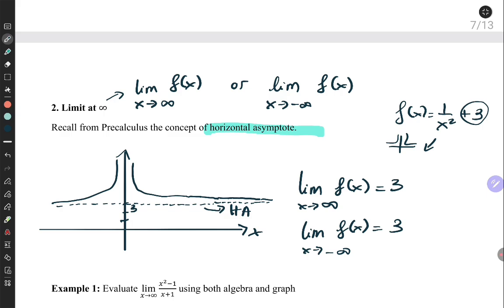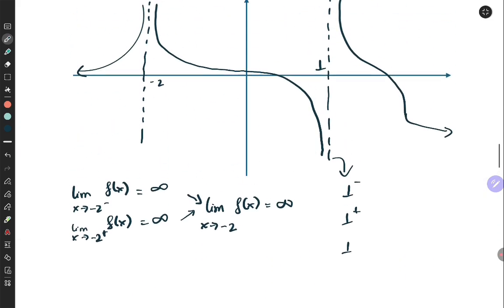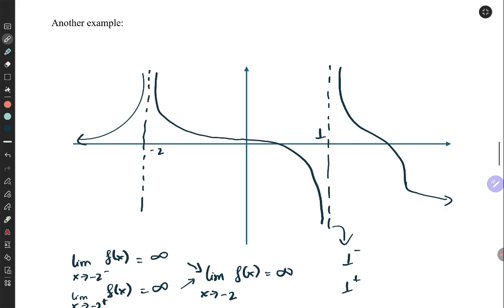If you are in 113, or some of you 112b, this is end behavior. And these were behavior near vertical asymptotes, from 113.